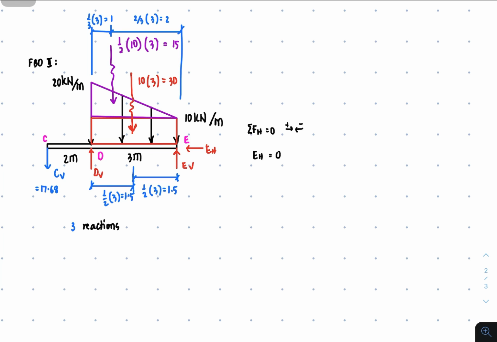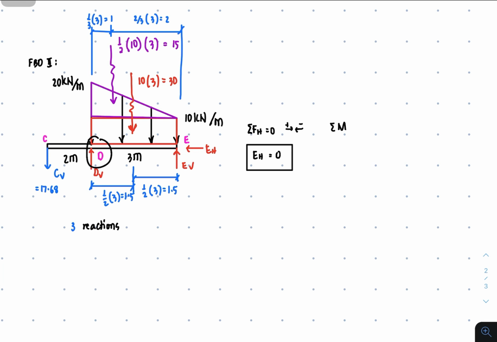This is your action, by the way. Then let's do the summation of moment about a point. We only have choices D and E. Do not choose C because you're not going to solve anything. So you have to choose D and E only.